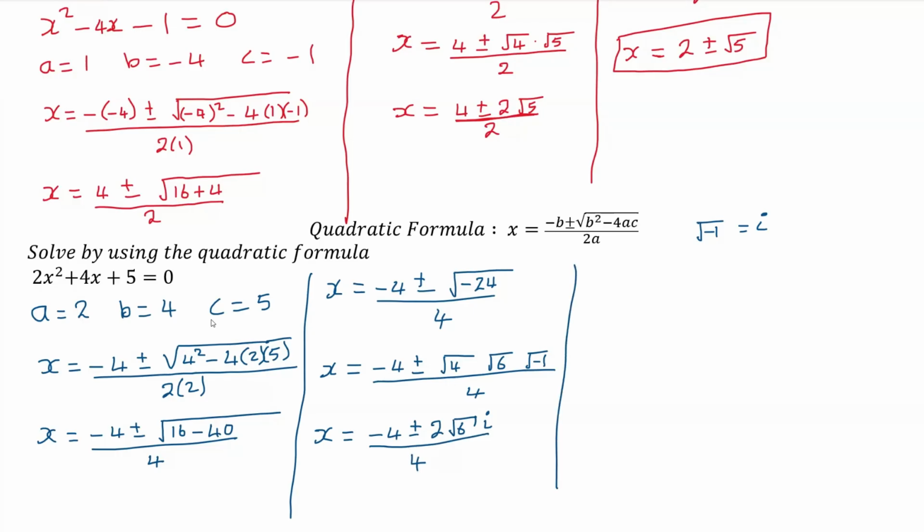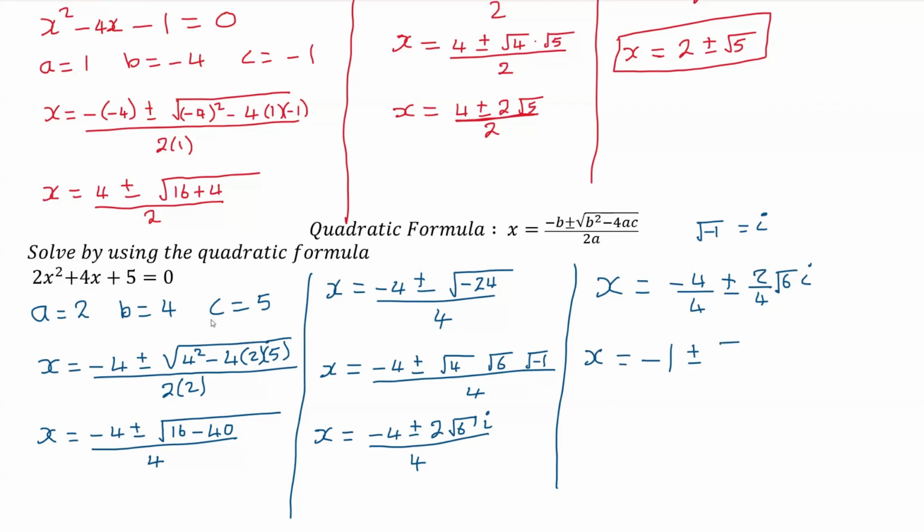So if we separate them now, then this becomes x is negative 4 over 4 plus or minus 2 over 4 square root of 6 i. So negative 4 over 4 is now negative 1, plus or minus 2 over 4 is a half.